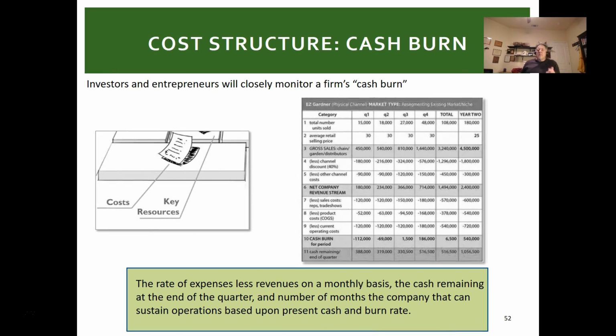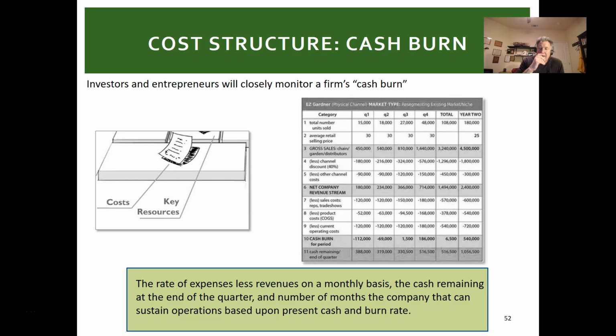And then last but not least is the concept of cash burn that I talked about in class, which is basically your income statement. If you look at these elements, they are your income statement: revenues, which minus discounts give you gross sales, and then you take out your cost of goods sold to get your gross revenue, and from the gross revenue, you take out SG&A, and then you get your net company revenue.